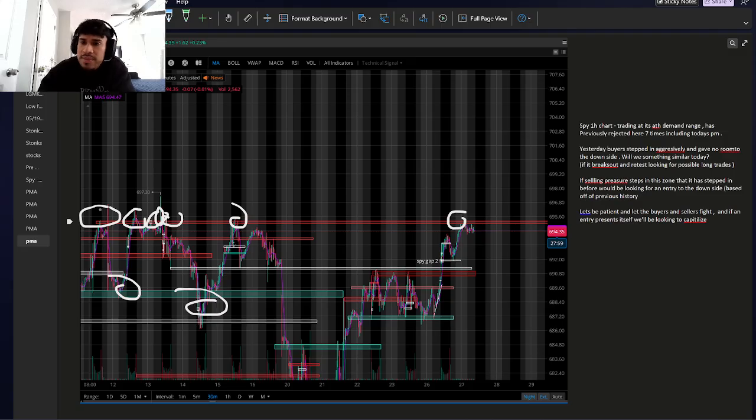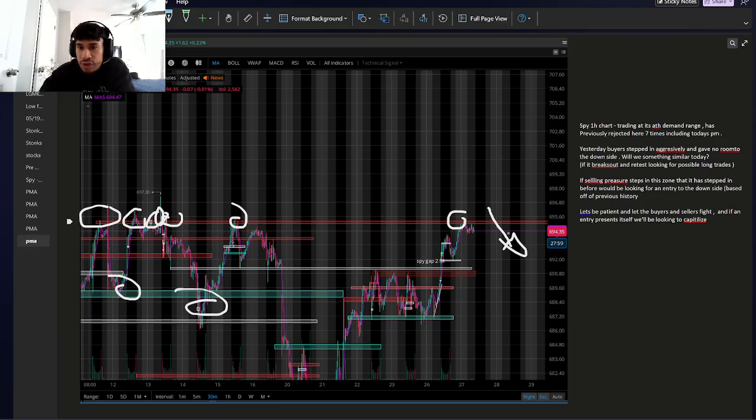If selling pressure steps in at the zone that it has stepped in before, I would be looking for an entry to the downside based off of previous history. So if it came, retouched this, and I would see selling pressure, I would be looking to take this stock to the downside based off of the data we have.